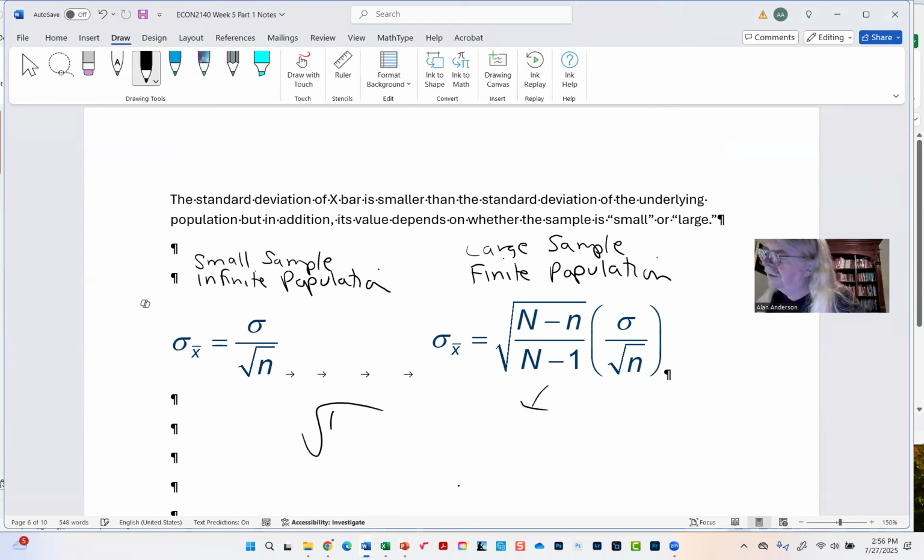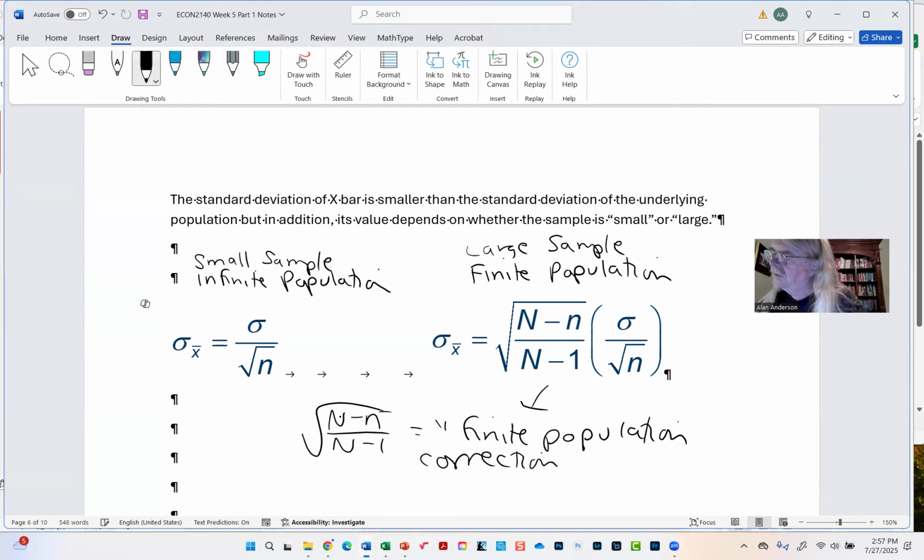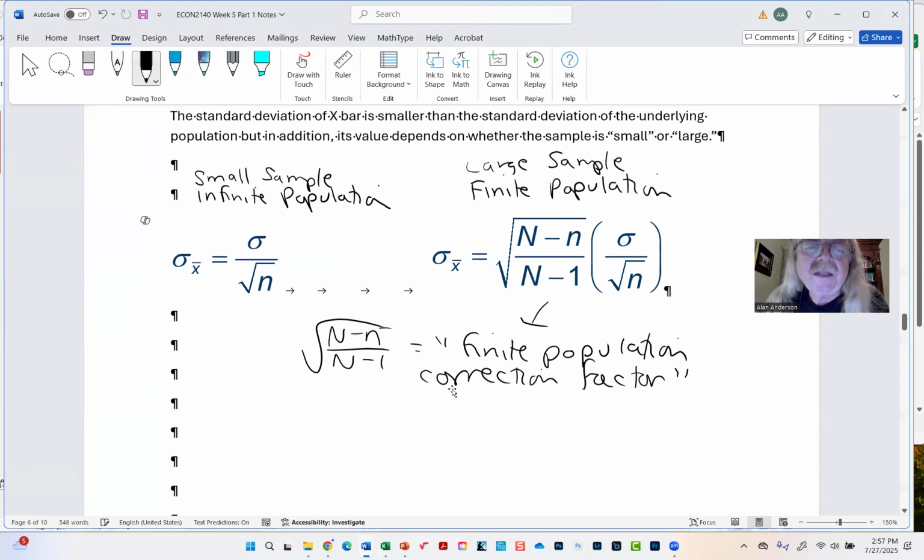This is known as the finite population correction factor. And I just want to point out it is less than one. So what it's actually doing is reducing the size of the standard deviation.